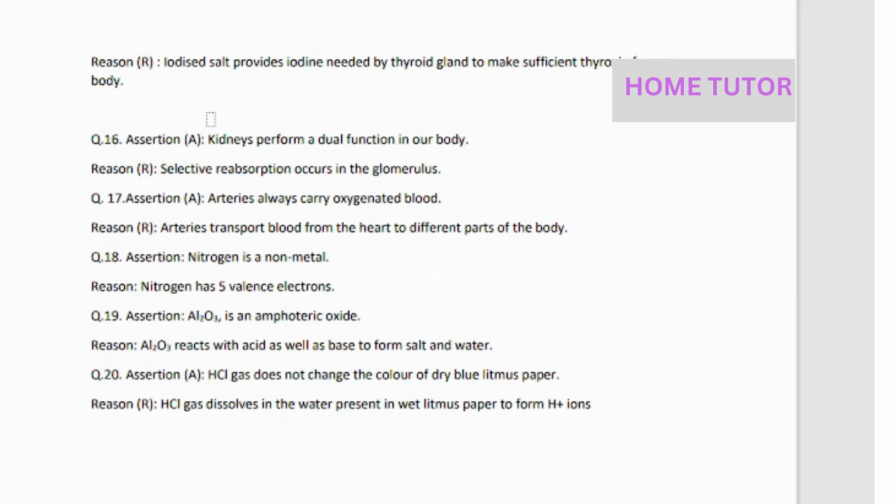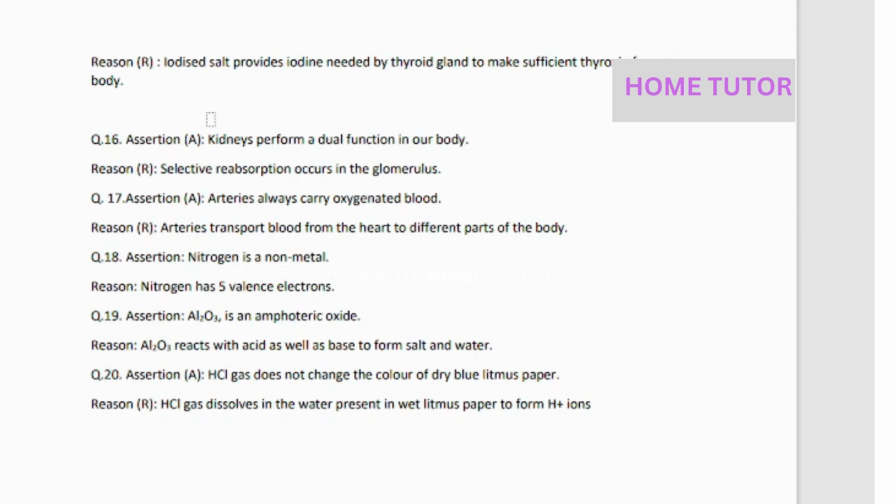So the assertion is true. And reason: selective reabsorption occurs in the glomerulus. As we all know, the reason is false because the selective reabsorption takes place in the PCT and not in the glomerulus. So assertion is true and reason is false. So the answer is option C.